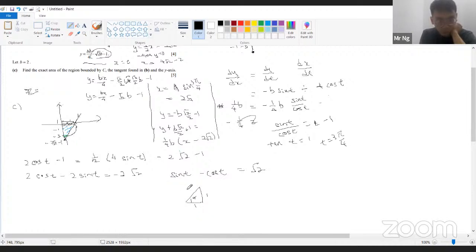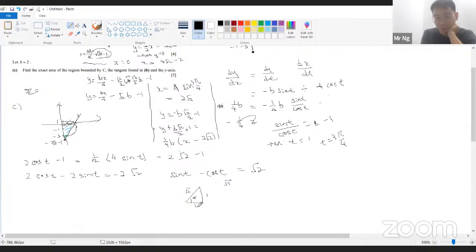So this is square root 2. Okay, so the 1 here corresponds to here.